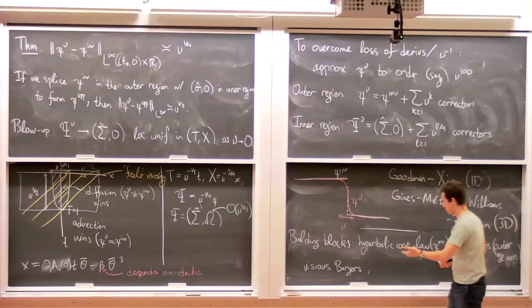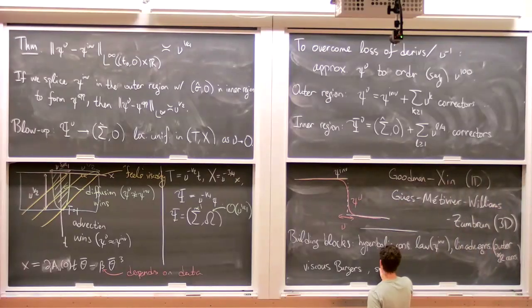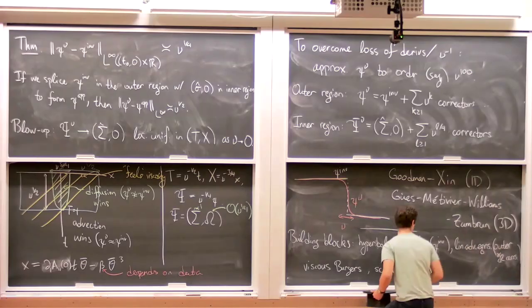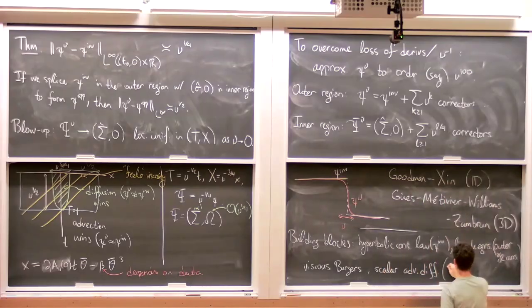And those just involve one component. So those are scalar advection diffusion, linear advection diffusion equations. And these are for the sigma correctors. The omega correctors for the non-shocking components are just transport equations.